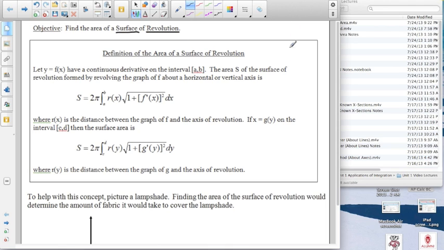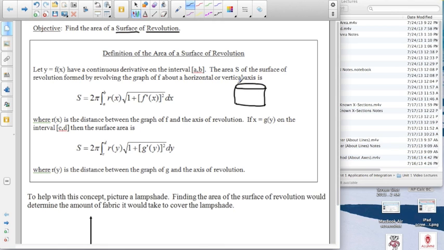So in general terms, when we talk about the surface area of a three-dimensional object, let's take a three-dimensional object like a cylinder. We're talking about how much area is on the outside surface. It sounds redundant, I realize, but let's say we were going to have to wrap this in wrapping paper.